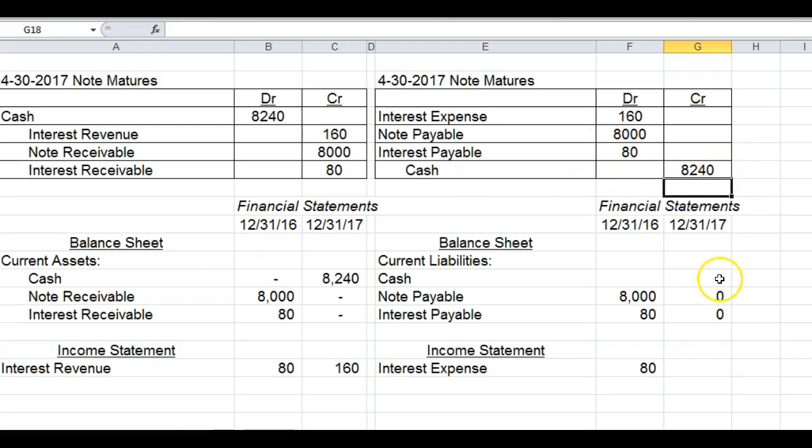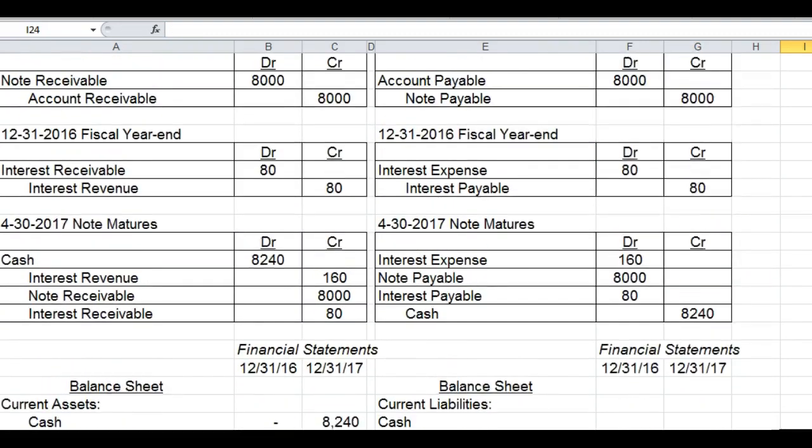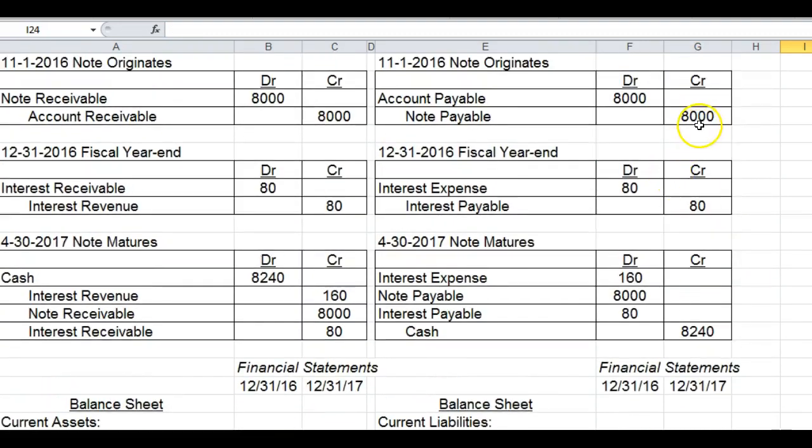Interest expense this second year is $160. So again, let's recap that. We started with an $8,000 note payable as a credit. We debit that the second year to zero that out. At the end of the first year, we created an interest payable of $80, but in the second year, we debit that to zero it out.